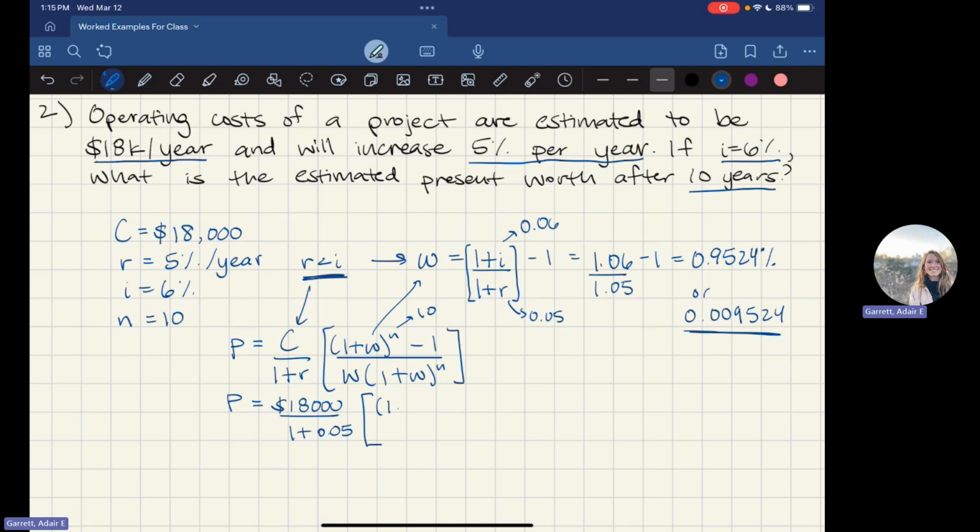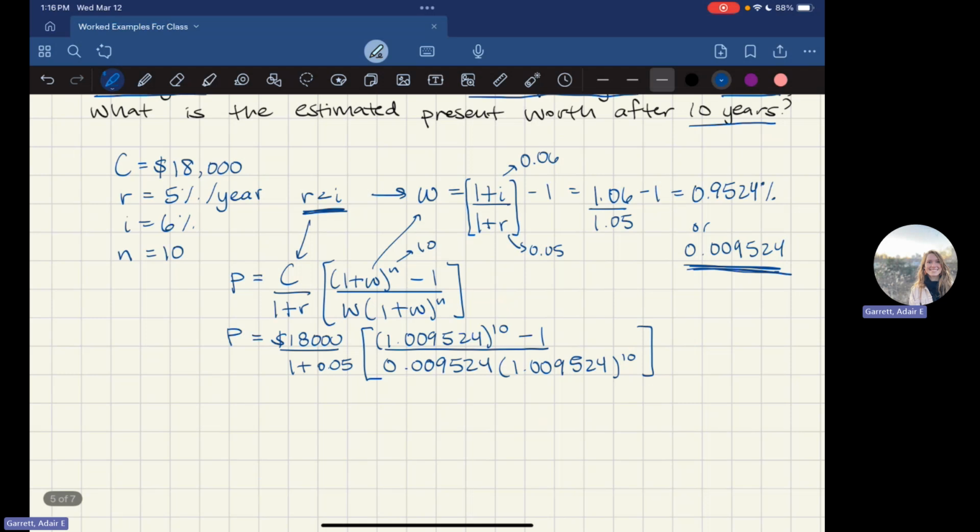So we're going to add this value, 1.009524 raised to the 10 minus 1 over, again, 0.009524 times 1.009524 raised to the 10th.